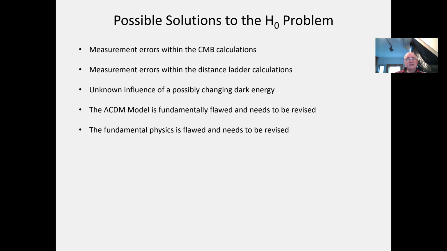And then you've got the real fundamental stuff, the crisis stuff, right? That the model, the lambda cold dark matter model, is fundamentally wrong somewhere. Okay. Hello, inflation, I'm looking at you. Or looking at those distance ladder people with their general relativity and their fundamental redshift stuff.